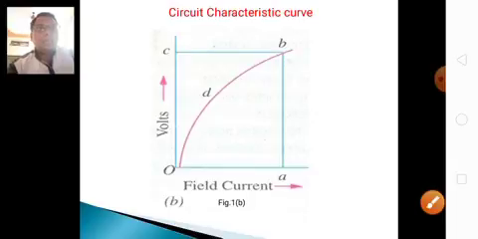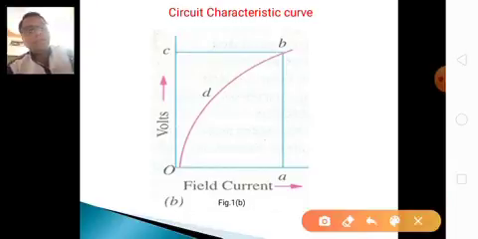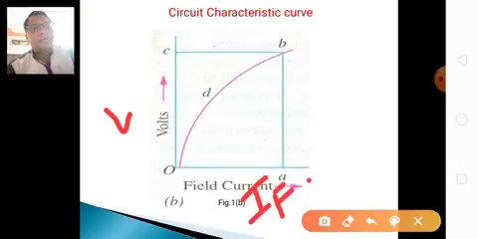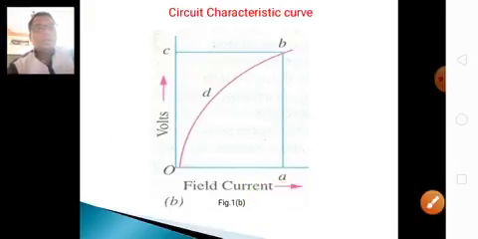Here the open circuit characteristics curve is field current versus volts, with volts on one axis and IF on the other. As the field current increases, the voltage also increases.